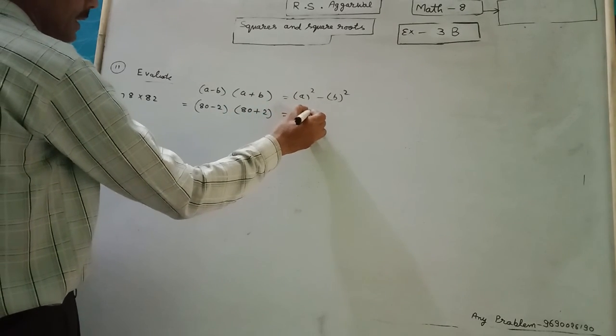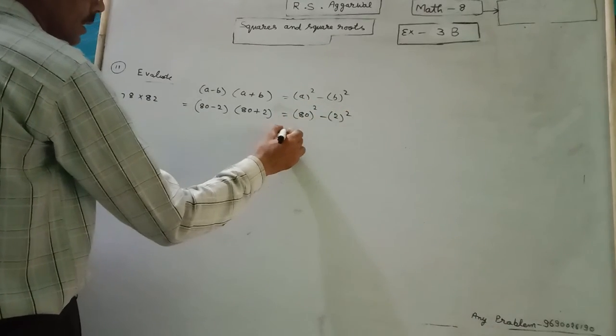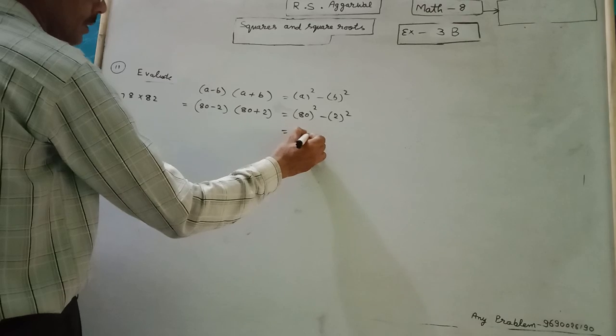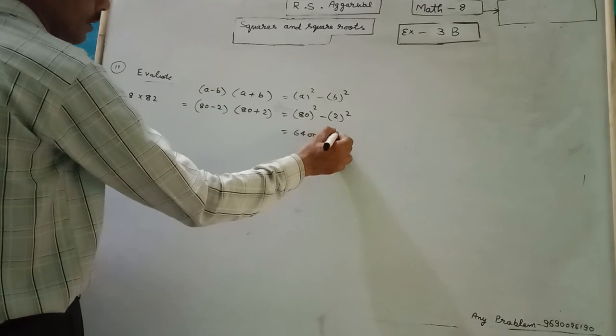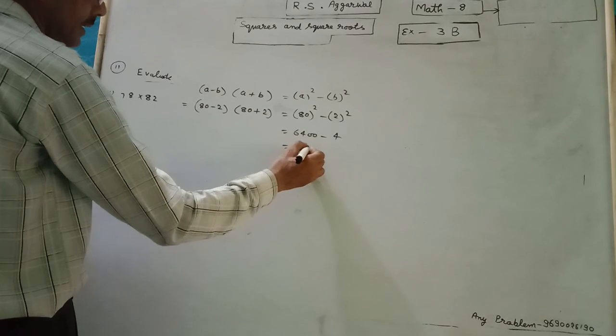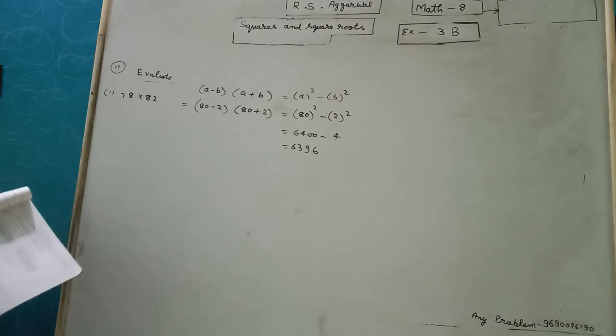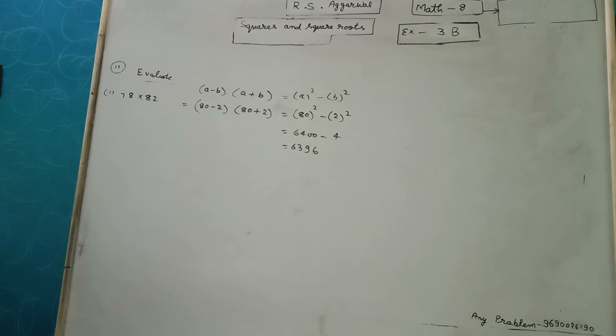A will be 80 and B will be 2. After square, 6400, 2 square is 4, minus, 6396. Question 11 complete. Thank you.